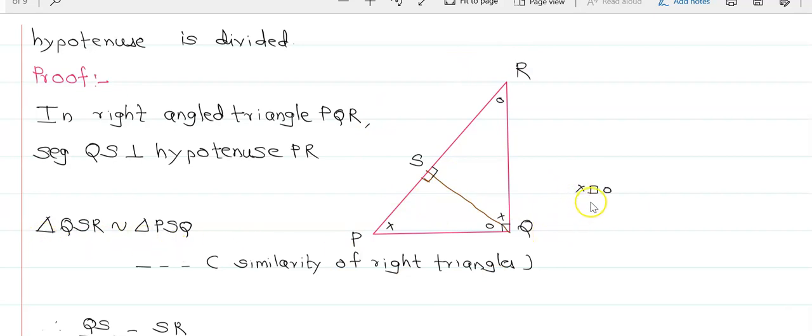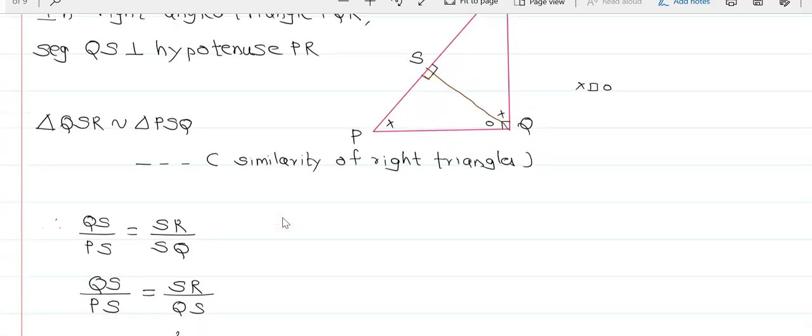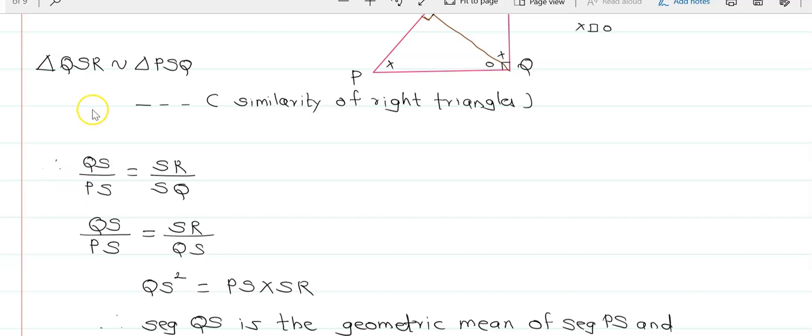I am writing the names of these two small triangles in this sequence: cross, 90, circle. The first is QSR, and the second is PSQ. As these two triangles are similar, their corresponding sides are in proportion. Therefore, I will take QS upon PS.